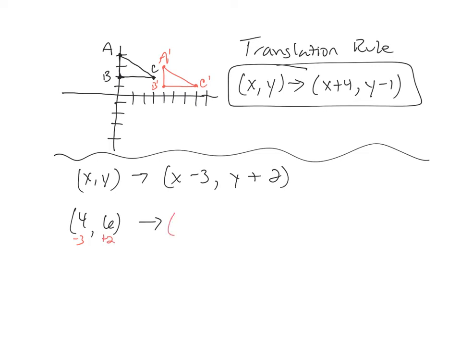So where do I end up? Well, 4 minus 3 is 1, and 6 plus 2 is 8.